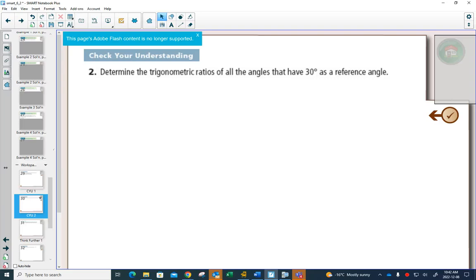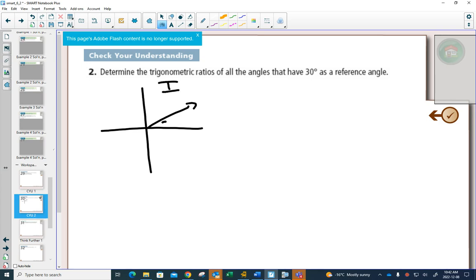So determine the trig ratios of all the angles that have 30 degrees as a reference angle. So we would look in quadrant 1. If it had a 30-degree reference angle, then the actual angle would be, well, also 30 degrees. And they want you to find sine of 30 degrees, cos of 30 degrees, and tan of 30 degrees.